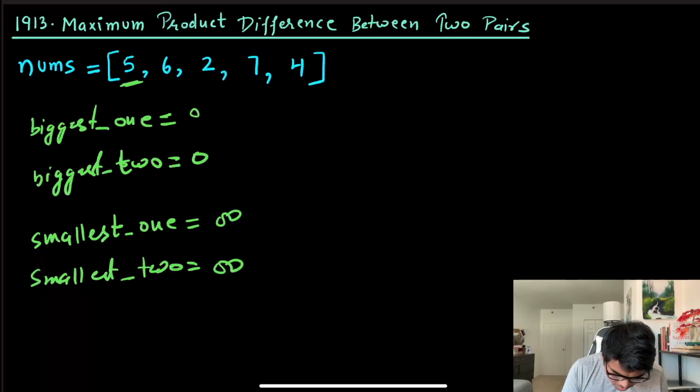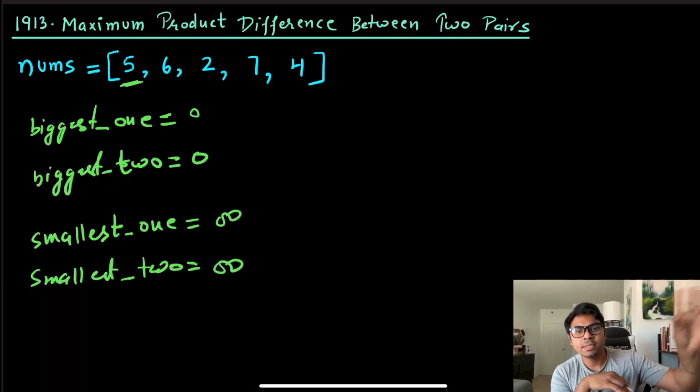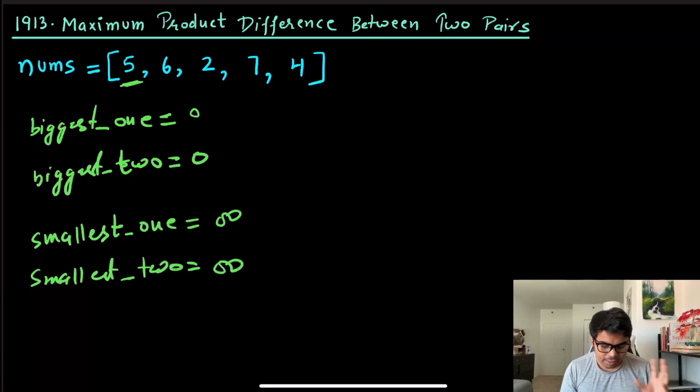At this point they're both 0, but logically, since this number is bigger than biggest 1, before I assign it to biggest 1, I would rather assign the old biggest 1 to biggest 2. So I'll assign the 0 here, and then I will turn this into 5.